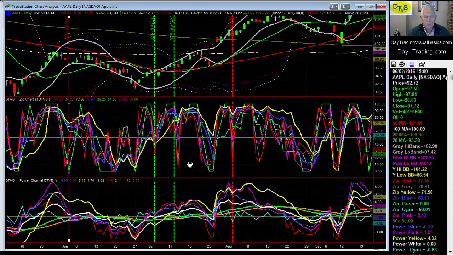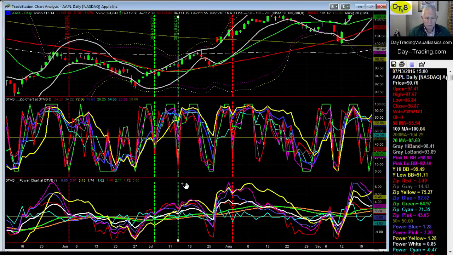Same is true with red spikes. I'll move this green line over here just to comment on it. This right green line is on a red spike right now. The red spike is Zip Red underneath 50 and Zip Yellow above 50. There's a lot of flexibility there.